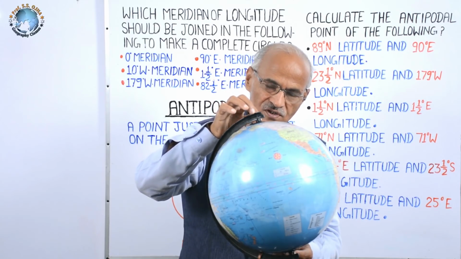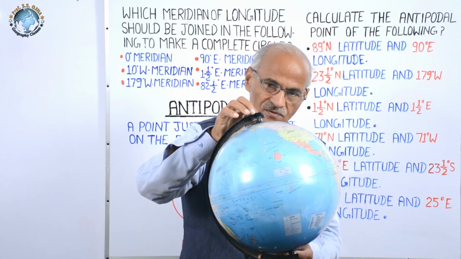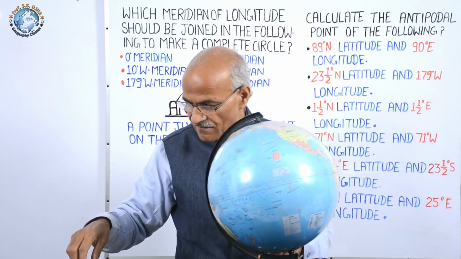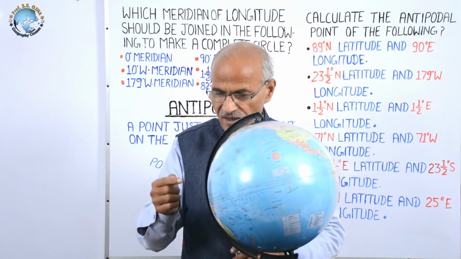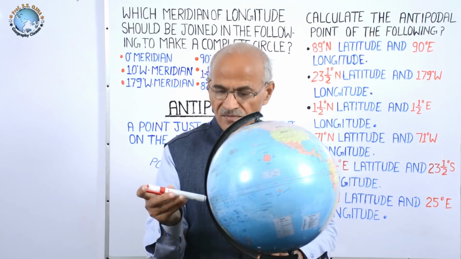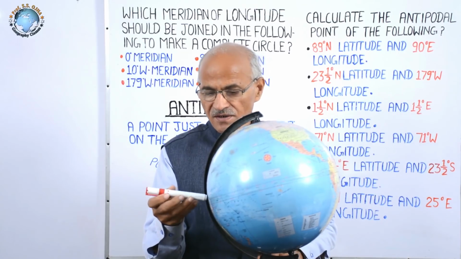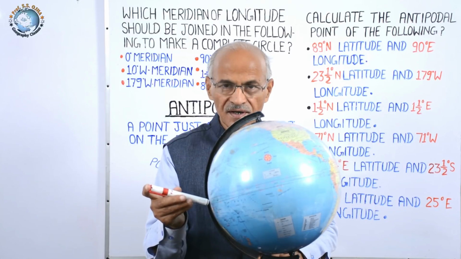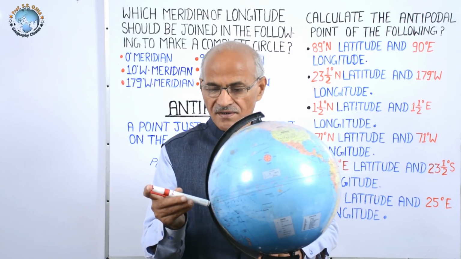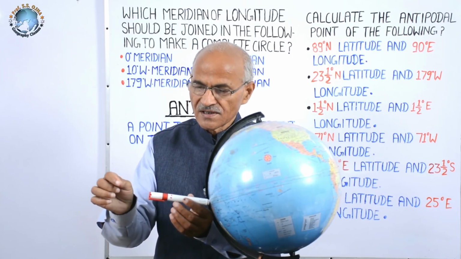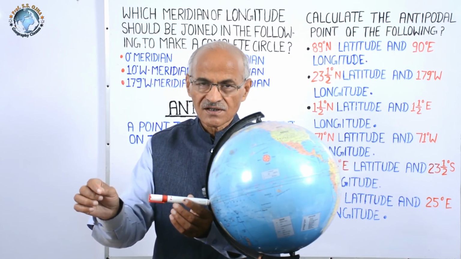Just opposite this geographical North Pole lies the South Pole. In the same way, if you take any point on the earth, somebody is standing here, this is the point where he is standing, and the points just over his head are called zenith.